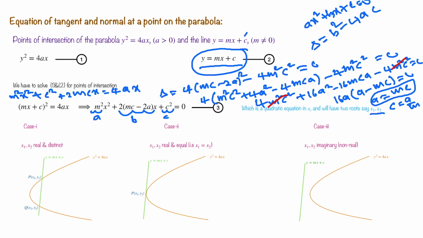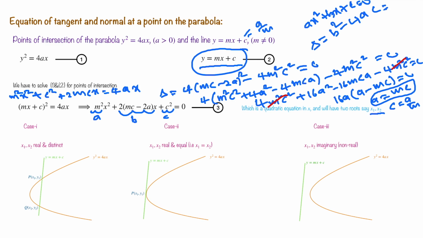So if c equals a by m, then this line y equals mx plus c will be a tangent to this parabola y squared equals 4ax. And what will be the point of contact? First of all, what is x1? x1 is the real and equal root.